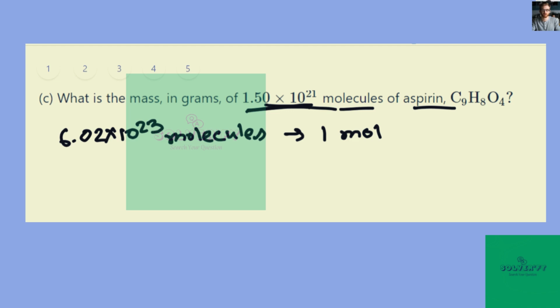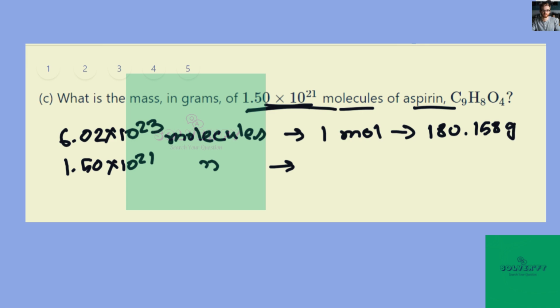Therefore this many molecules, 1.50 times 10 to the power 21 molecules, will be in 1 times these molecules, but we can directly convert this into a molar mass, since 1 mole of aspirin contains 180.158 gram, which is the molar mass of aspirin.